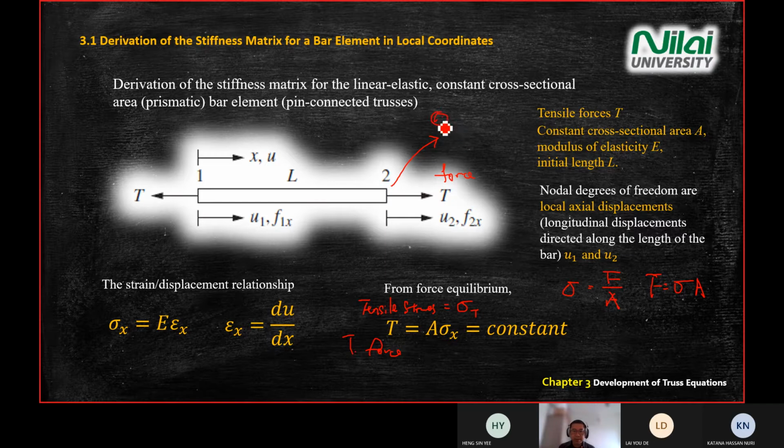You can have cylindrical, I-beam, rectangular beam, and square beam. These are the cross-section areas, times the stress in x direction. So this T value is a constant.